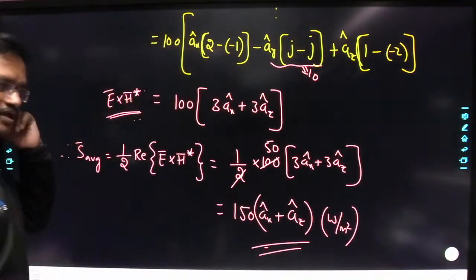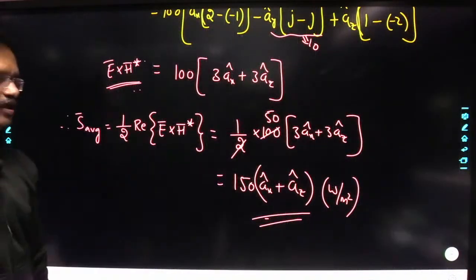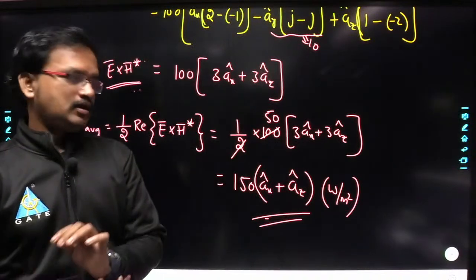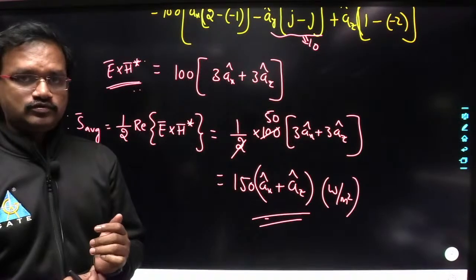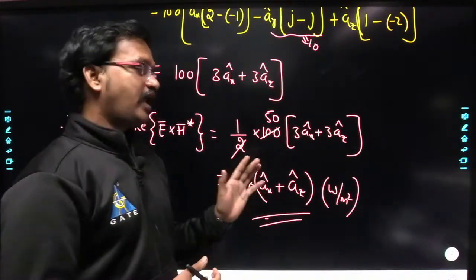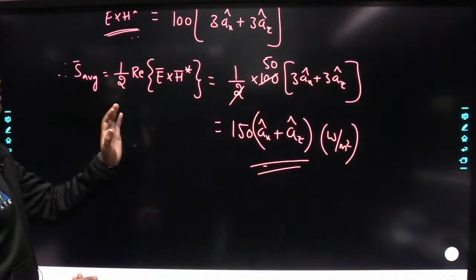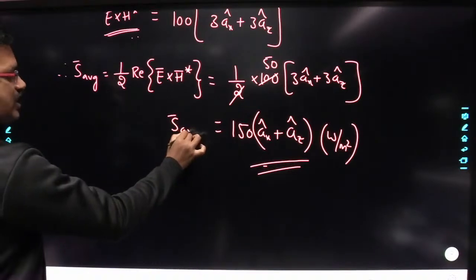So this is the time average Poynting vector we got, that is 150 into ax cap plus az cap watt per meter square. Now they are also asking to determine the direction of the power flow. Here we have determined the power flow density, that is the S average value.